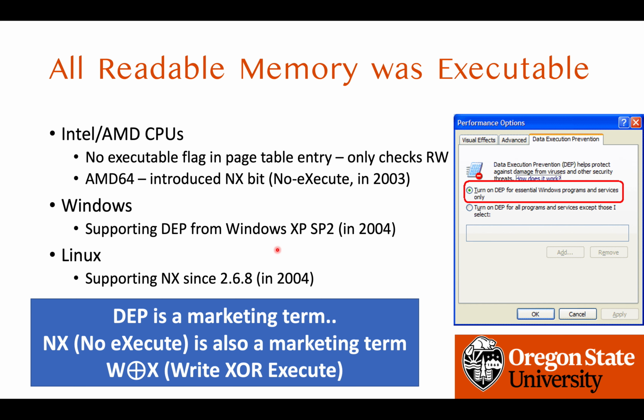And this DEP, Data Execution Prevention, is a marketing term from Microsoft, and NX, no-execute bit, is a marketing term from AMD. So in academia, we call this defense W XOR X, which is writable XOR execute, which means having no memory that is both writable and executable, because XOR is true when only one of them is true.